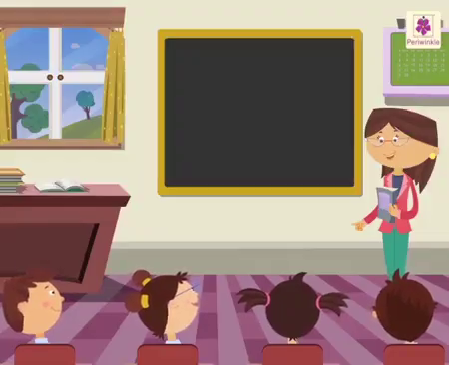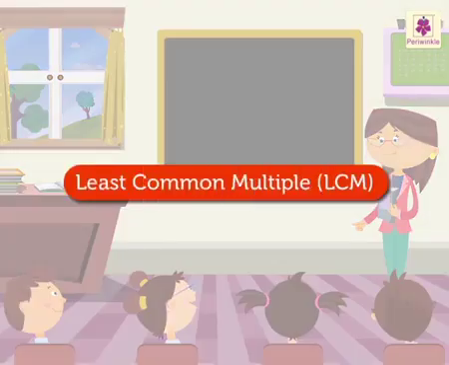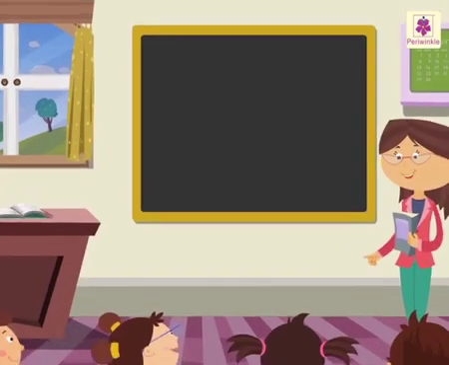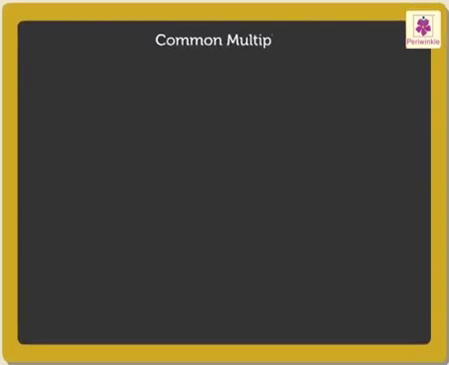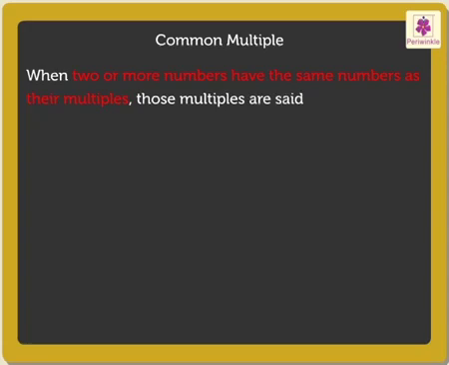Today, let us learn about the least common multiple, or you can call it LCM too. Let us understand the meaning of the term common multiple. When two or more numbers have the same numbers as their multiples, those multiples are said to be common multiples.